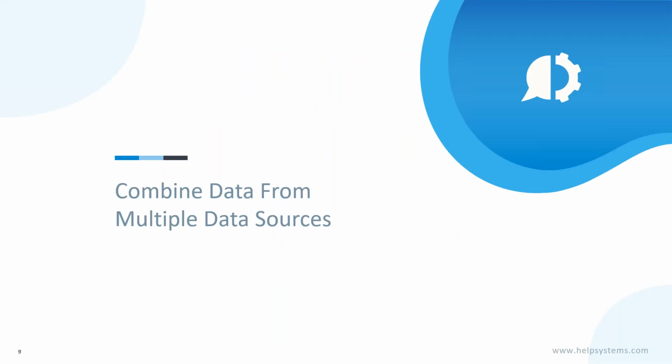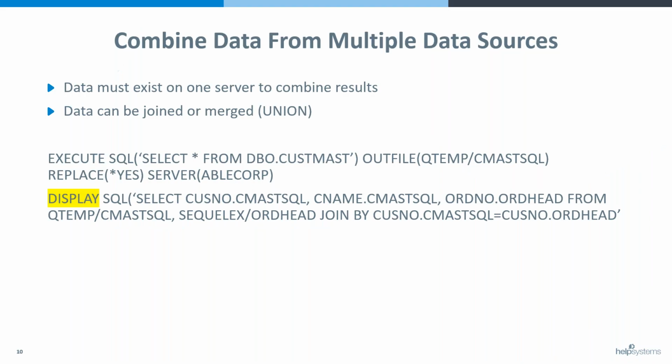We're going to dive into our first example where we combine data from multiple data sources. We'll look at it two ways, first with a script and then with a script view. So I know all of you have data really kind of all over the place. We no longer have the luxury of just having our data on the IBM I. You might have SQL servers, Oracle, who knows what you've got out there.